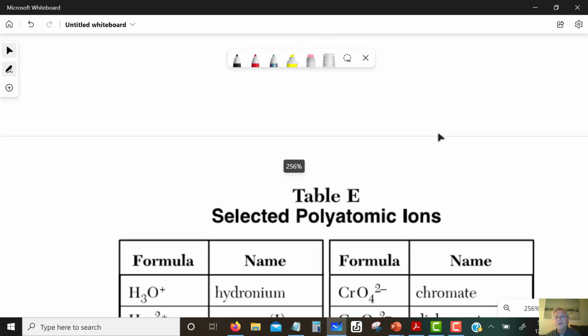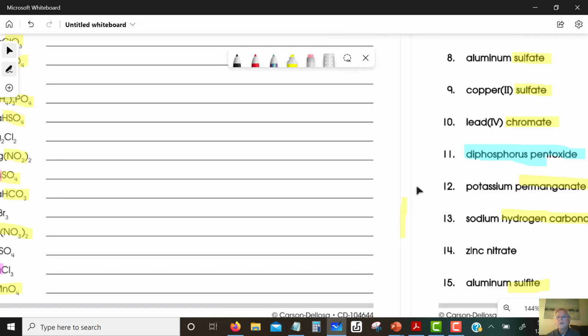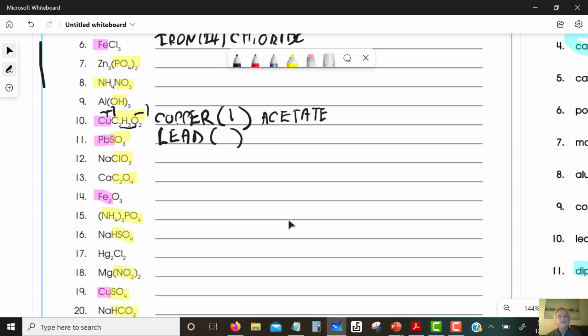So coming back to that one, that's lead sulfite. If that's lead sulfite, that means this had a -2 charge, so this has to have had a +2 charge to balance out.